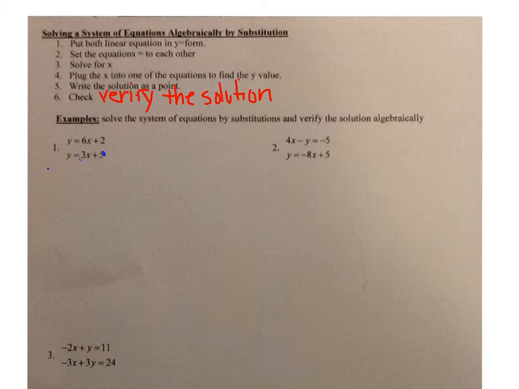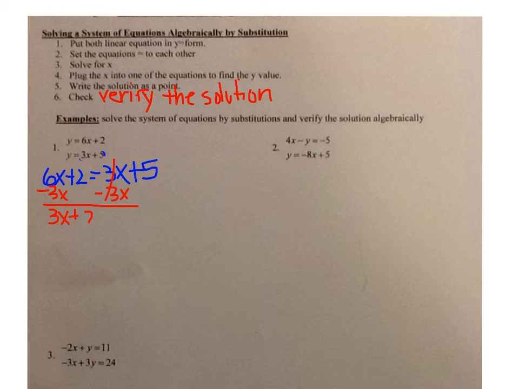All right, so we have 6x, and it doesn't matter which one you put on which side. Plus 2 equals 3x plus 5. Now you're going to solve for x. All right, so I'm going to minus 3x from both sides. 6x minus 3x is 3x.